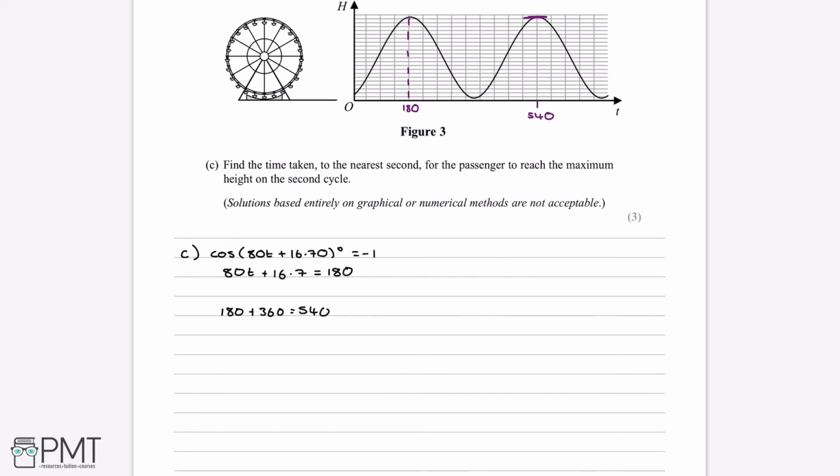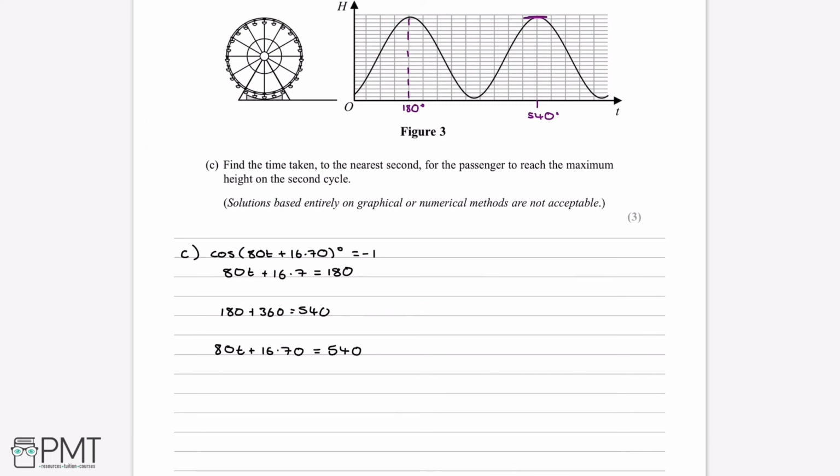Now to find the value of t that this corresponds with, because that 540 is not the value of t, that's just the angle. We know that cos of 540 is -1. So therefore, 80t plus 16.70 must be equal to 540, because that's what's inside the brackets by cos.